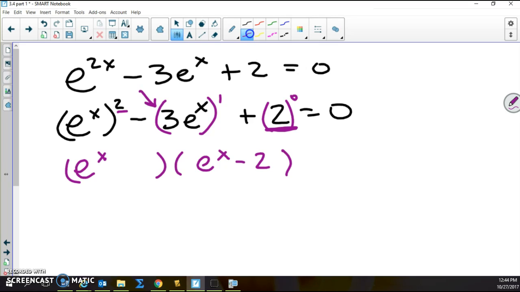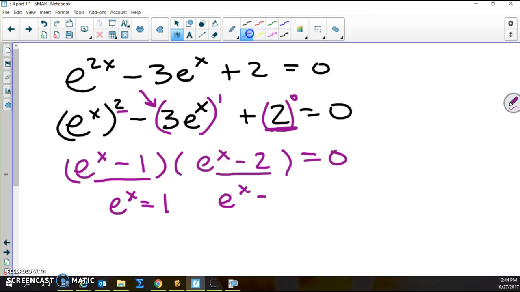We know that is minus 2 and minus 1, and we have successfully factored. What we're looking for are the two solutions where either one of these factors is equal to 0. We understand e to the x equals 1 gives us one of those, and e to the x equals 2 gives us another.